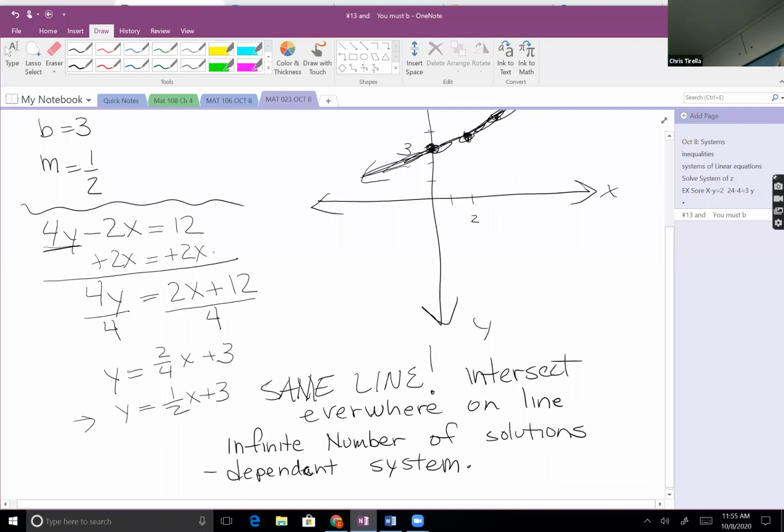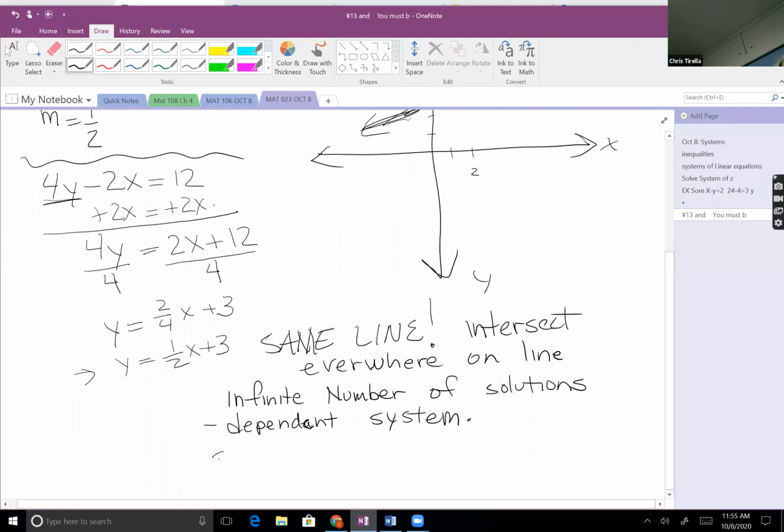So the solution set would be the set of all points x, y, such that y equals 1/2 x plus 3, or all the points on the line.